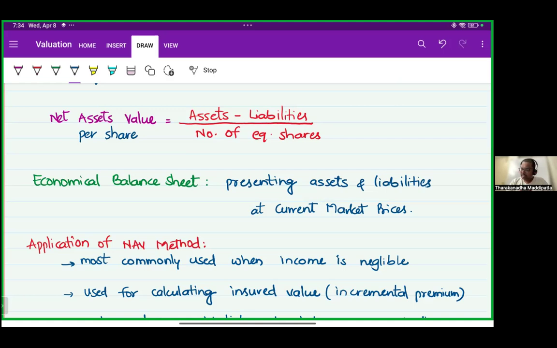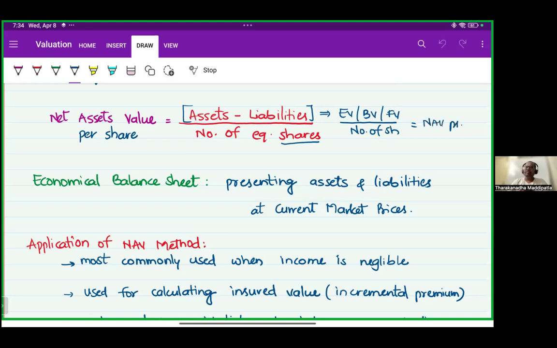So assets minus liabilities will give you enterprise value, business value, or firm value. If it is a company or an entity which have equity shares in their capital, then this value divided by number of shares will give you net assets value per share.